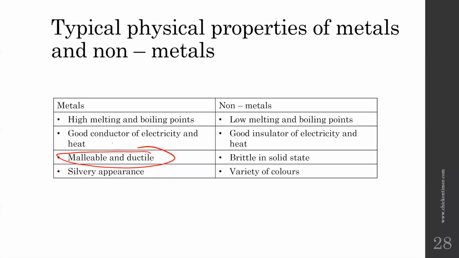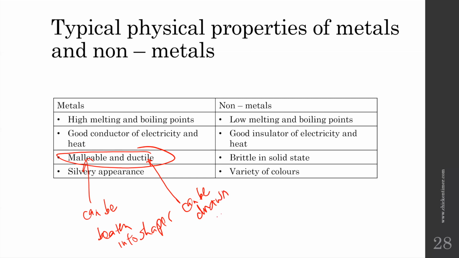I know malleable means they can be bent and beaten into shapes, and ductile means they can be drawn into wires. Basically like that. Then they have a silver appearance.